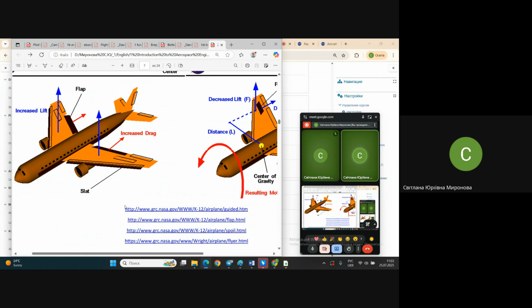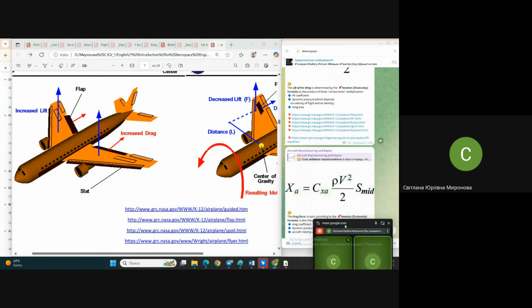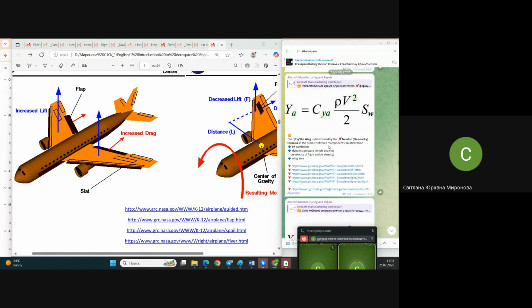What effect it gives, we have already seen. I permanently keep this formula here to remind you what it's necessary for. On one hand, changing the curvature of the wing results in changing of these coefficients.